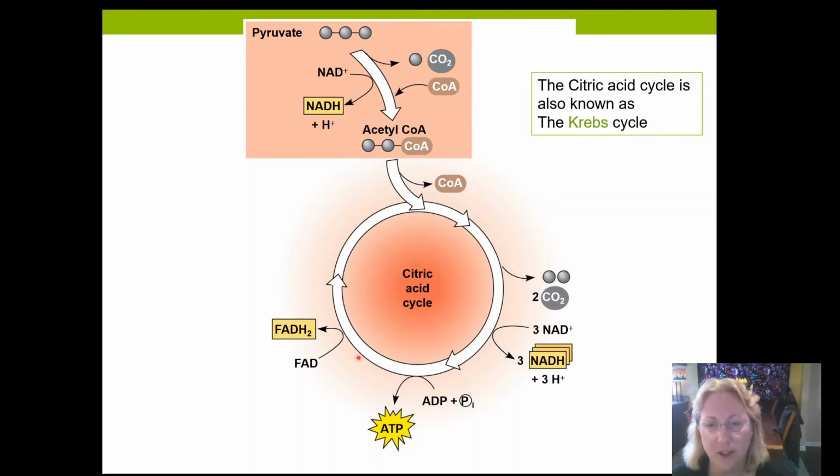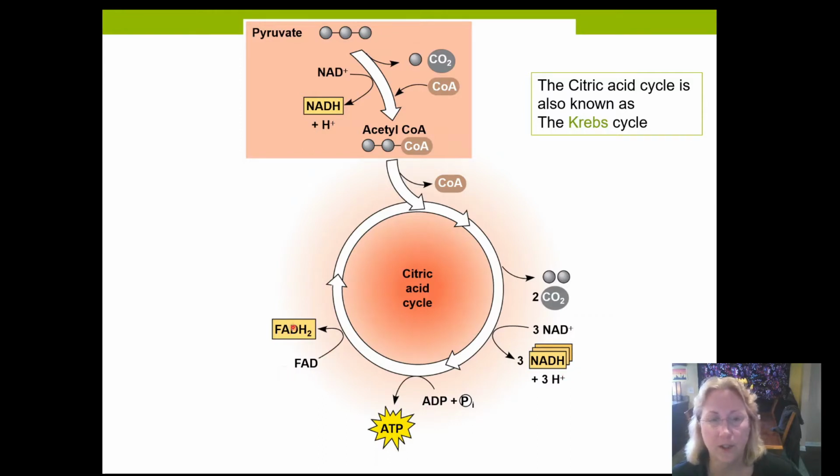So during the citric acid cycle, this is the total outputs here of the citric acid cycle. We're going to lose 2 carbon dioxides for each acetyl-CoA that enters the cycle here. Because this is oxidation, there's some reduction. So we're going to generate some reduced NADH.